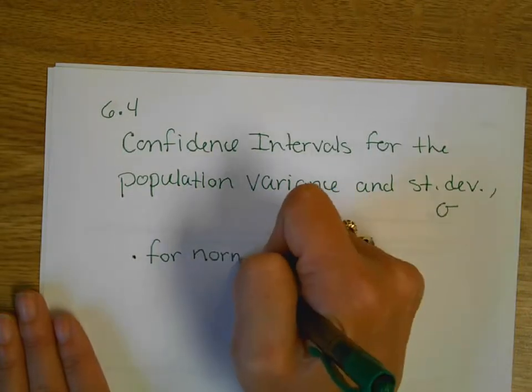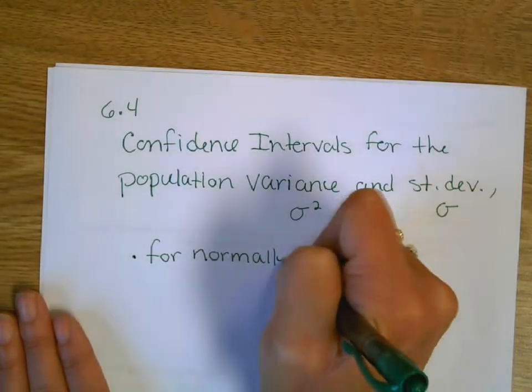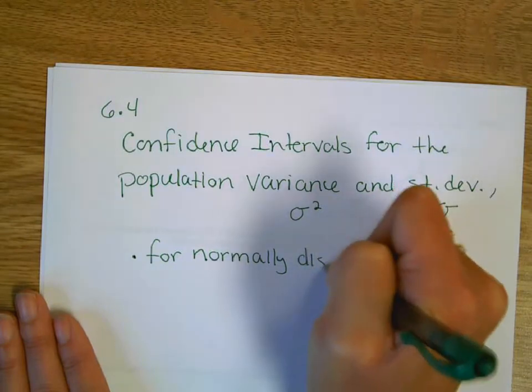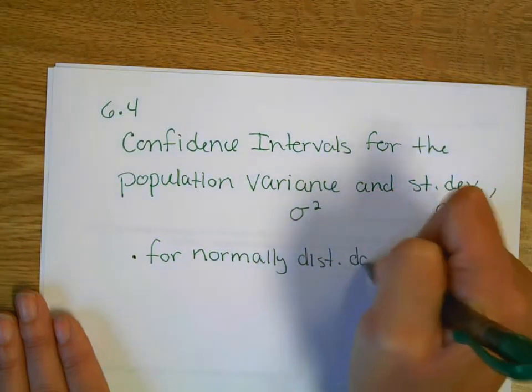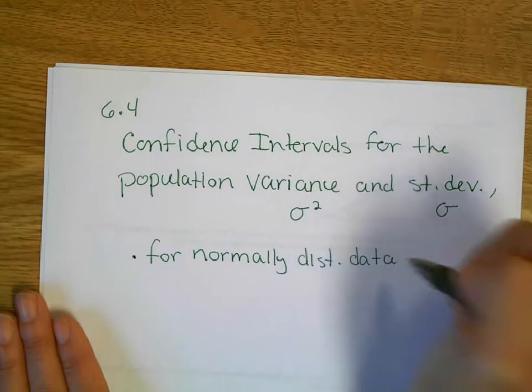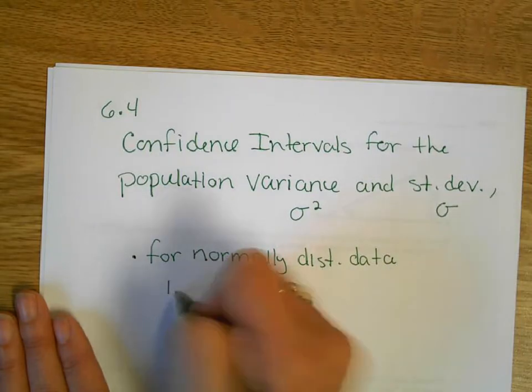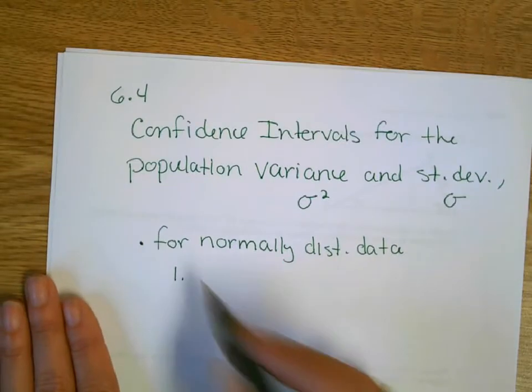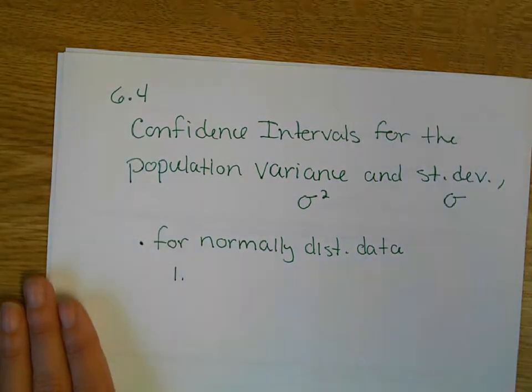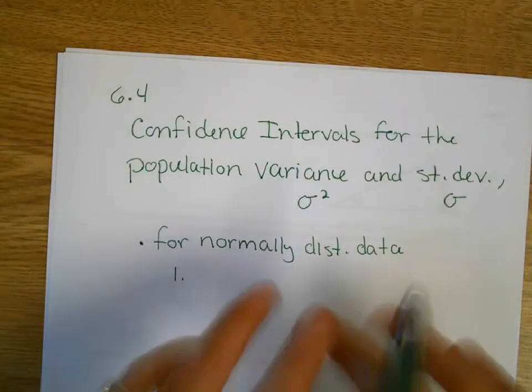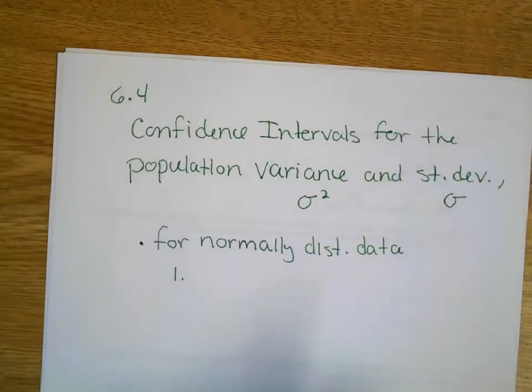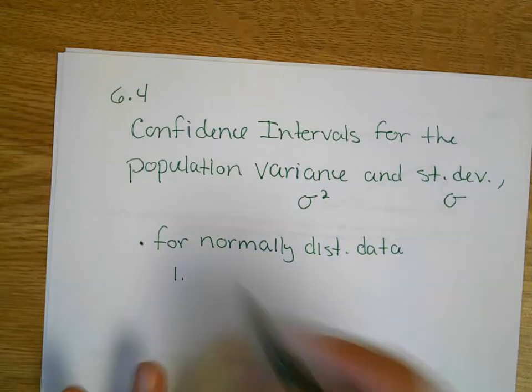If you were to keep doing a bunch of sets of data and look at the variance of each set or the standard deviation of each set, and make a graph of just variance and standard deviation, that's not normally distributed, but it's okay.